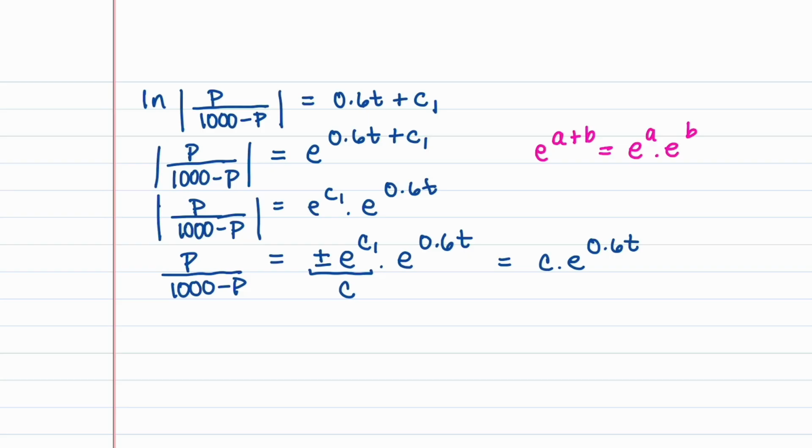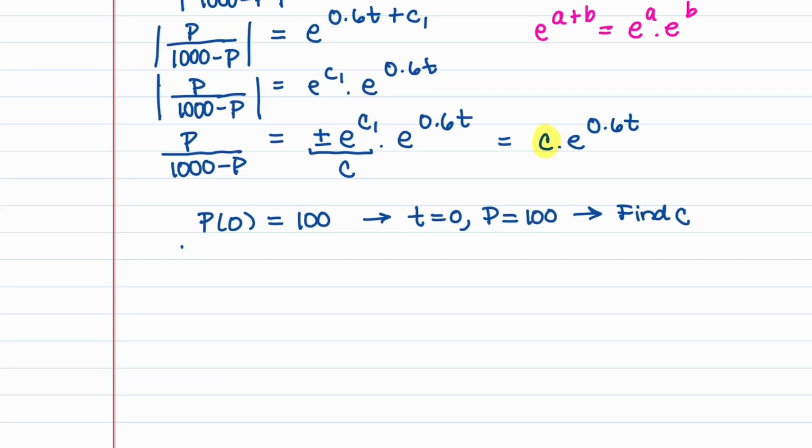We need to solve for p, but before we do that, let's go ahead and find what our constant c is equal to. We were told that our initial population, p at 0, was 100 deer. So let's let t be equal to 0 and p be equal to 100, and we're going to find c.